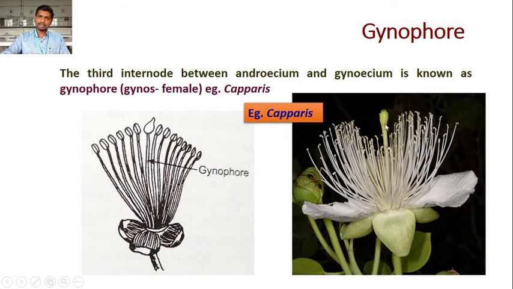The portion between these two nodes is the internode. So the third internode between androecium and gynoecium is the gynophore, for example Capparis. Androphore is the second internode between corolla and androecium. Gynophore is the third internode between androecium and gynoecium.